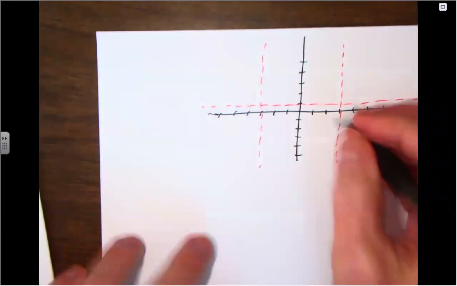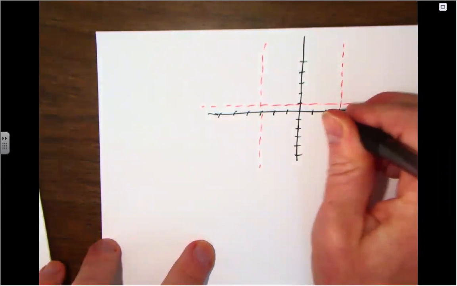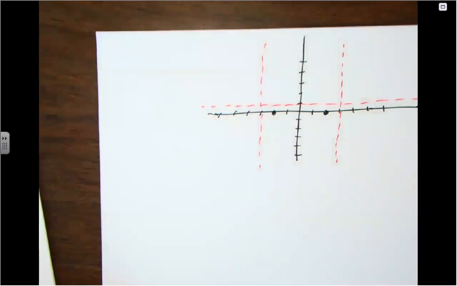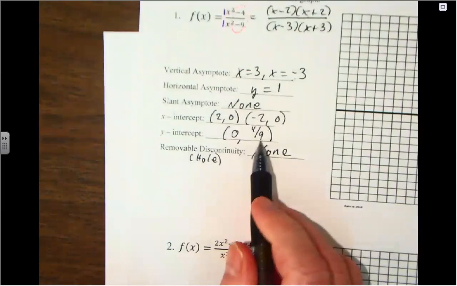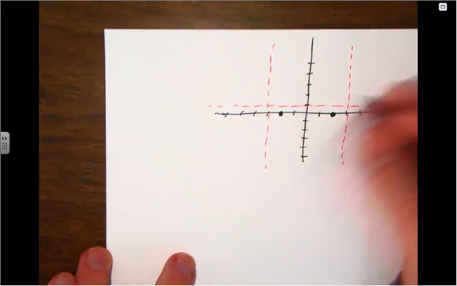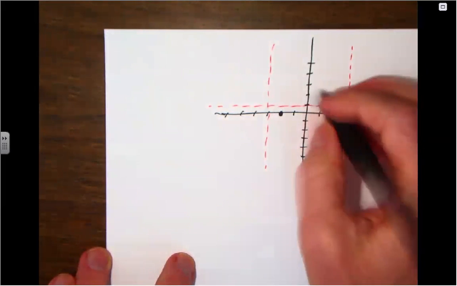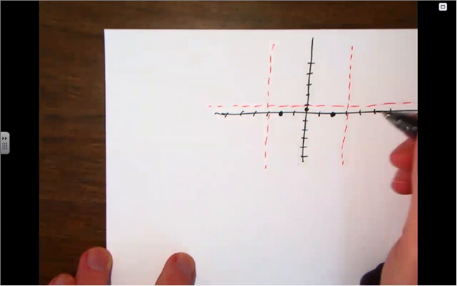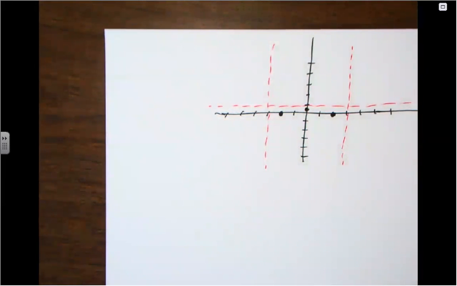So I'm going to put those here and here. Y-intercept is 4/9. I don't know where that is, but I know it's less than 1. So I'm going to pretend it's about right there. It's close enough. Now that's all I have.